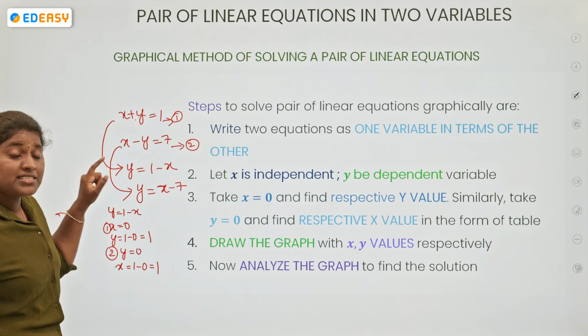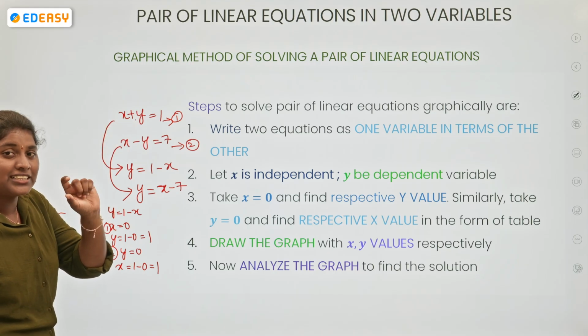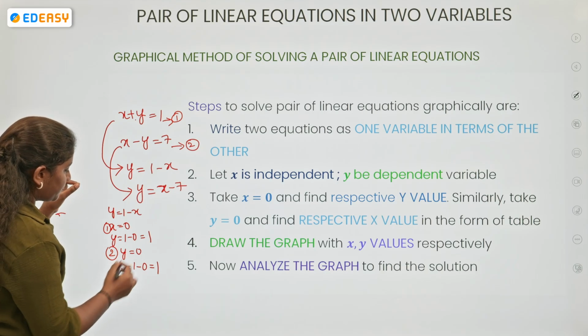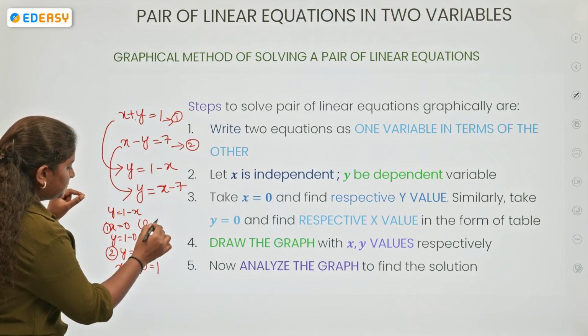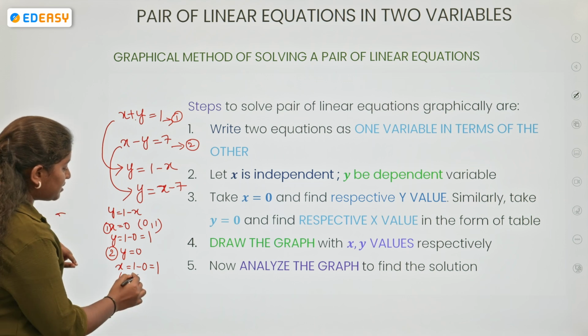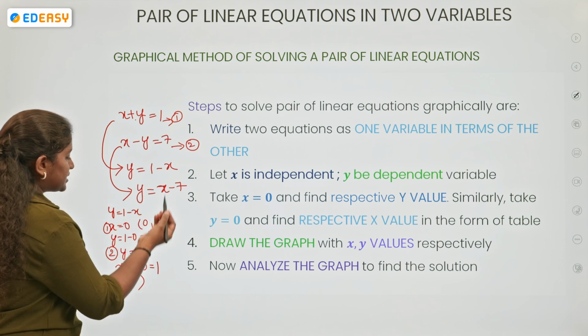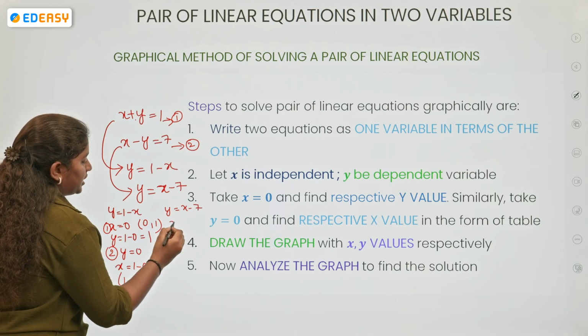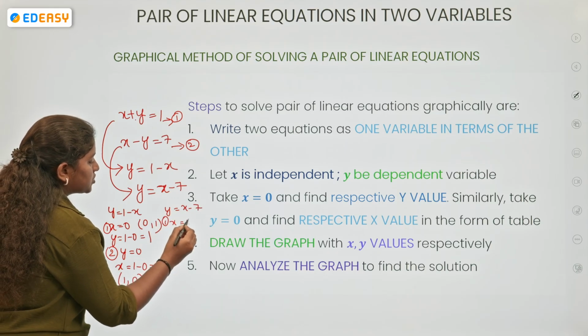It means now what is the point we are going to take? The points will be 0 comma 1 and 1 comma 0. Similarly for the second equation also. For the second equation, y equals x minus 7. First condition, take x equals 0.